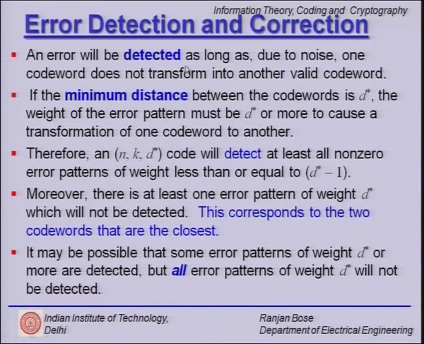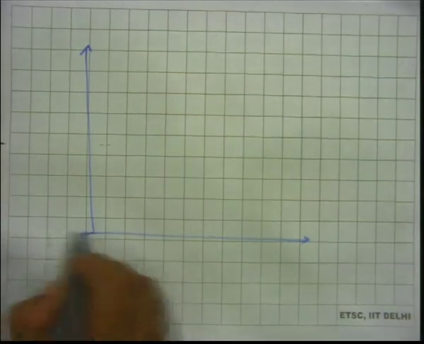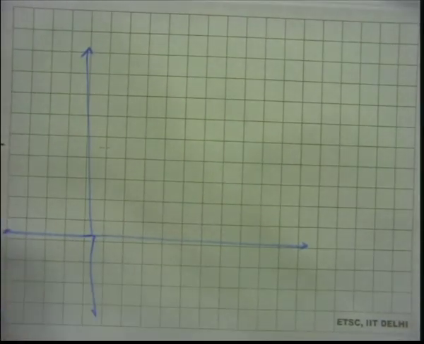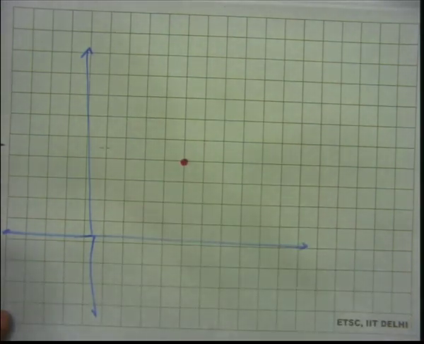So, let us look at another diagram here. We have this nice n dimensional space where any point in that space is a vector of length n.